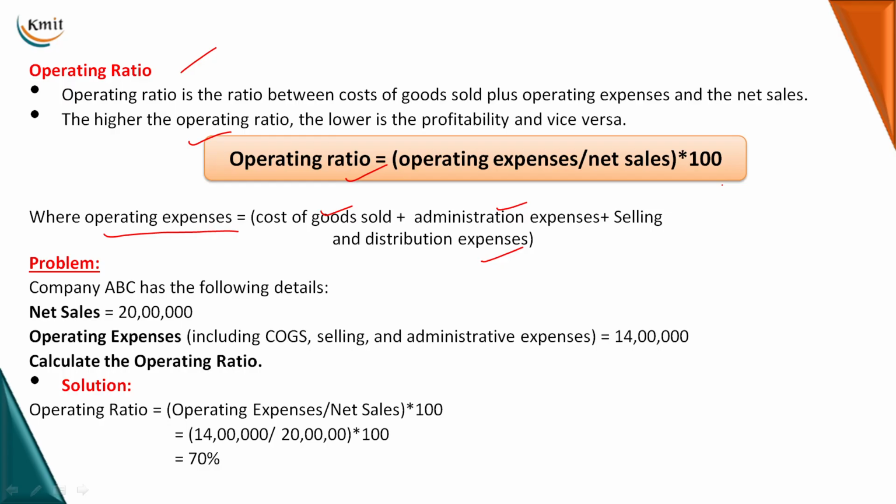There's a small problem here with few data. Net sales is 20 lakhs of company ABC. Operating expenses is almost 14,000.